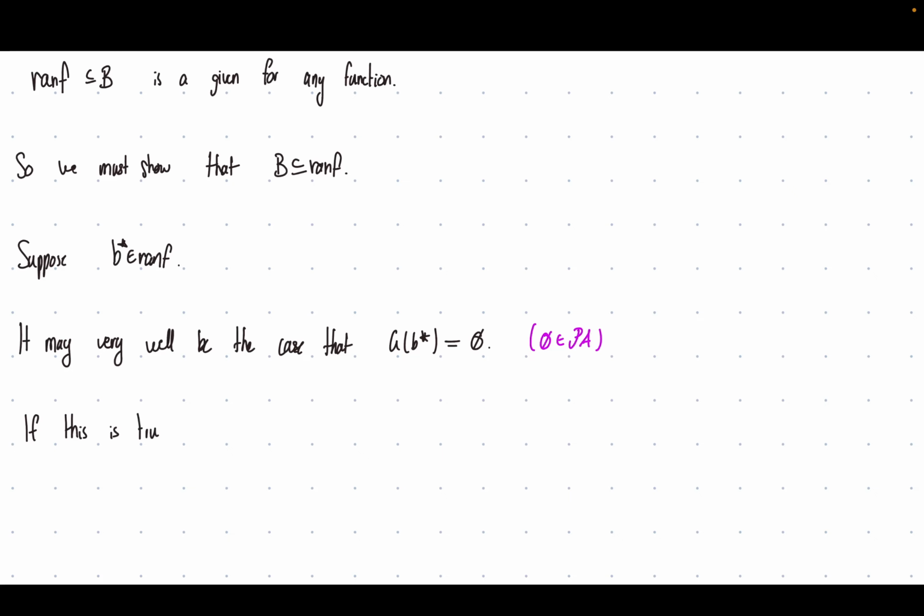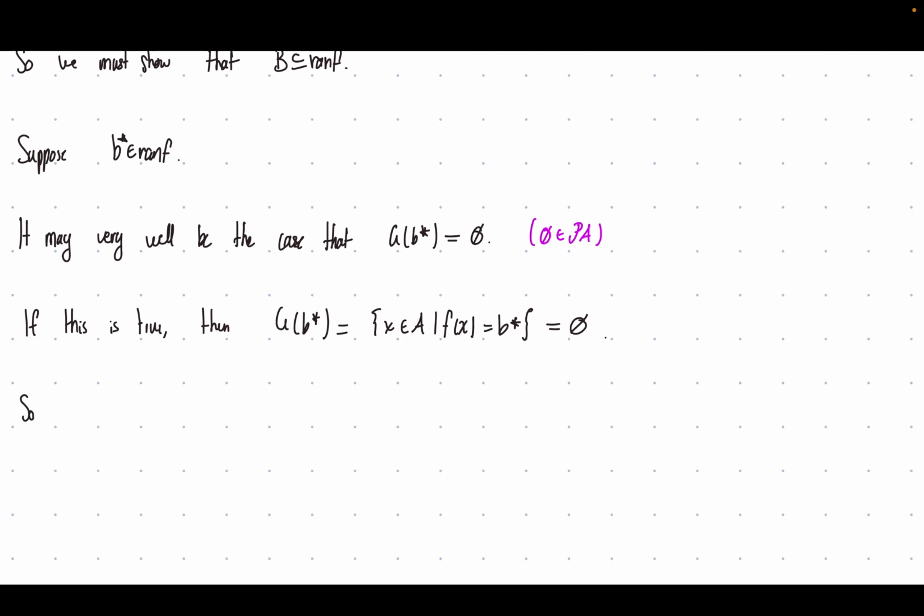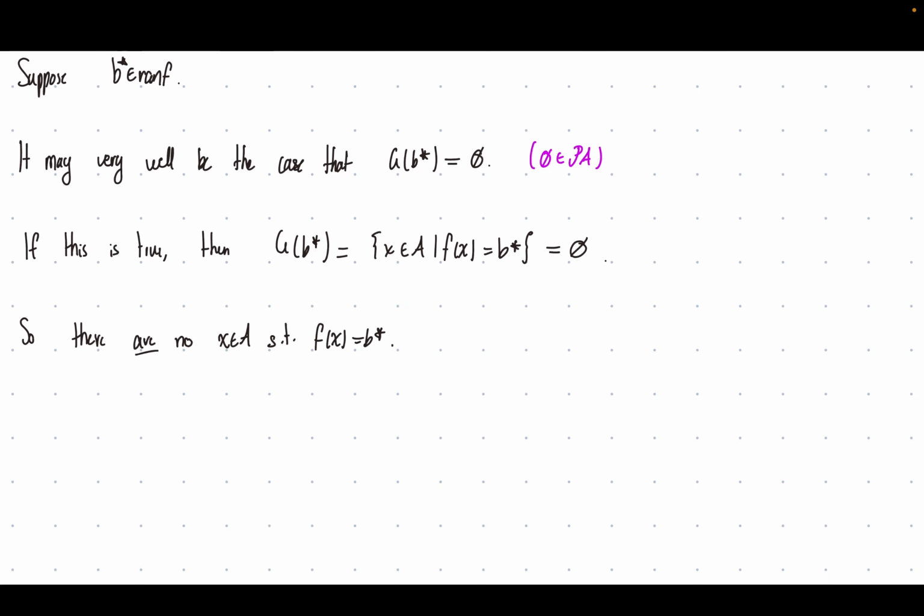If this is true, then g of b star is equal to the set of x in A such that f of x is equal to b star, which is equal to the empty set. So there are no x in A such that f of x is equal to b star.